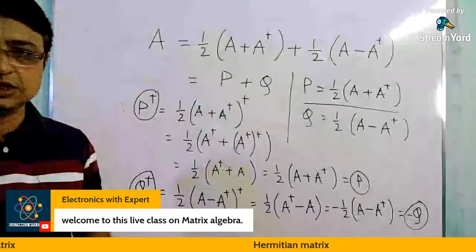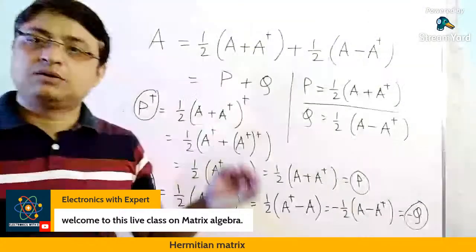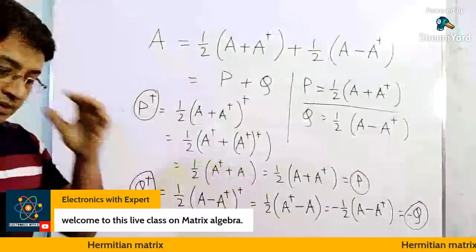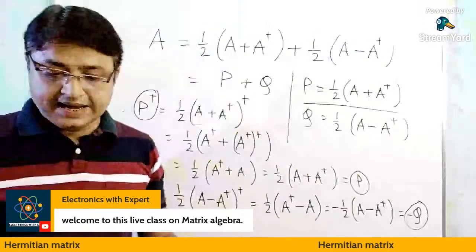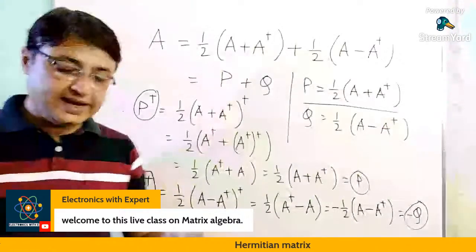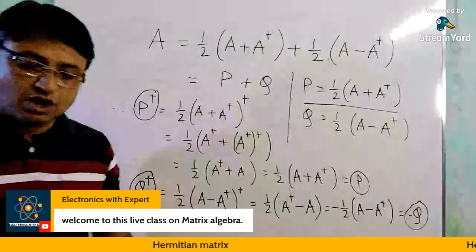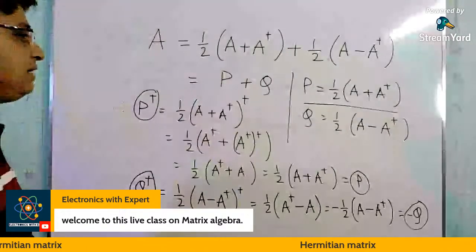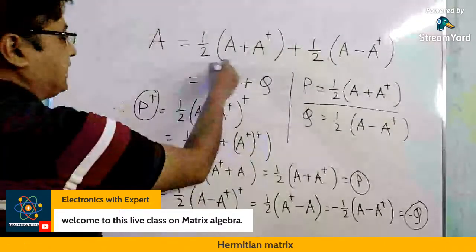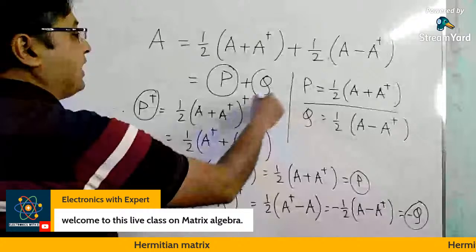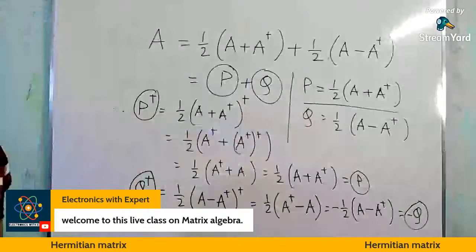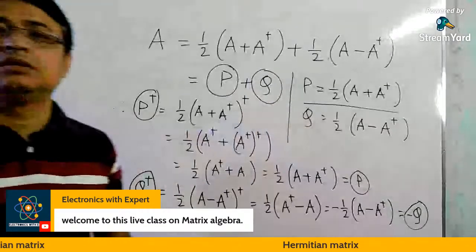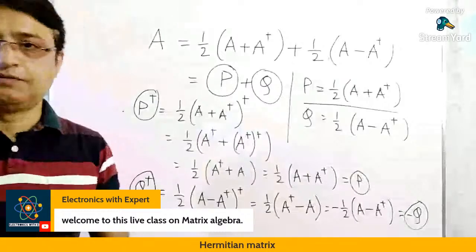So the problem was to show that every square matrix A can be uniquely expressed as the sum of a Hermitian and a skew Hermitian matrix, and I have shown that P is a Hermitian matrix whereas Q is a skew Hermitian matrix. So my problem is solved.